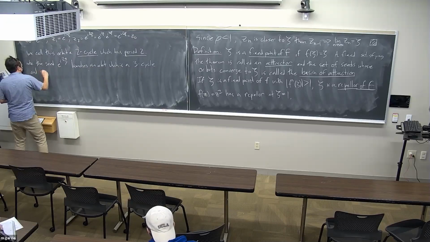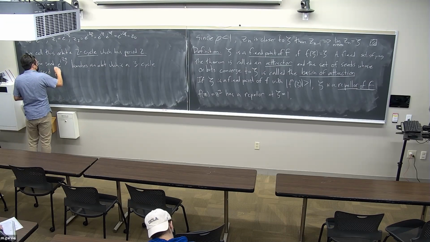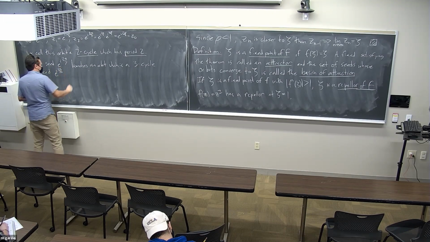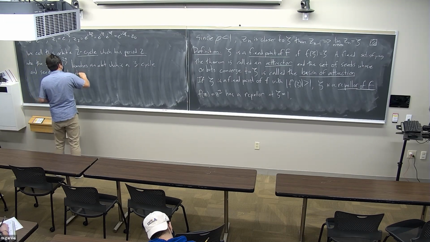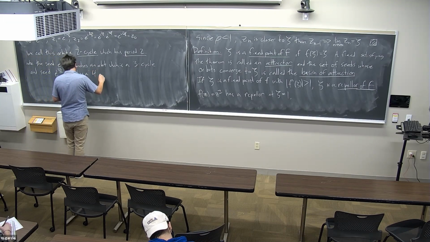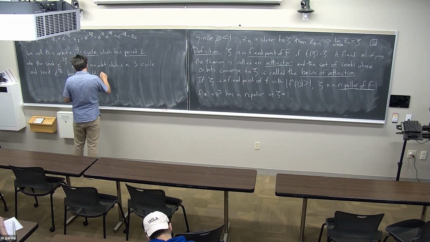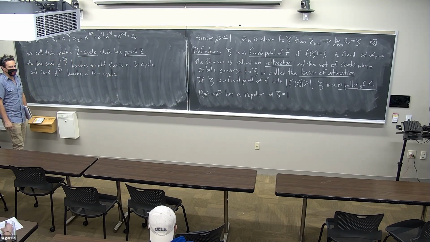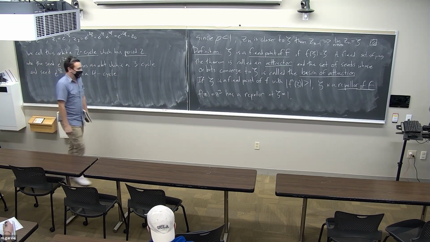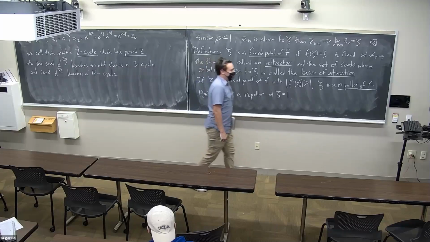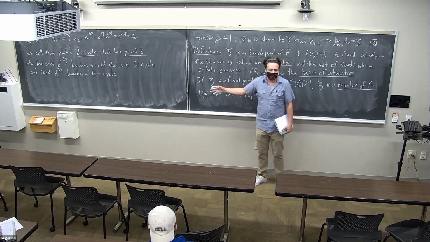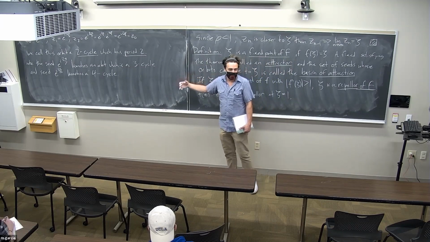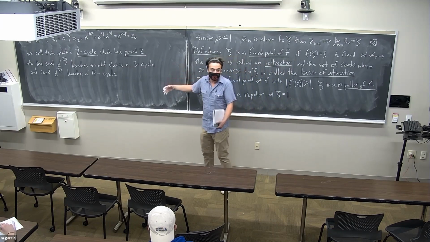And the seed e to the i 2 pi divided by 15 launches a 4 cycle. Kind of interesting. We're just putting these up at random. So I'll ask you, in the next homework assignment, to discern some pattern out of this and prove that whatever you conjecture always generates an n cycle.